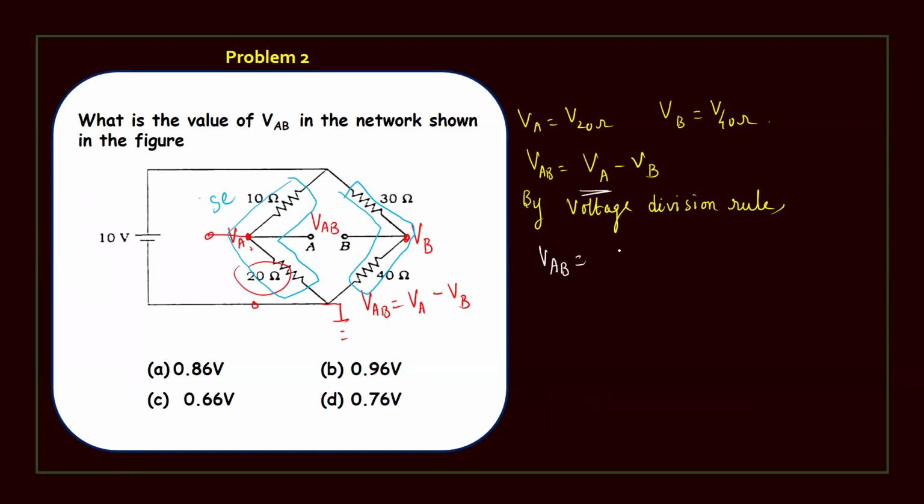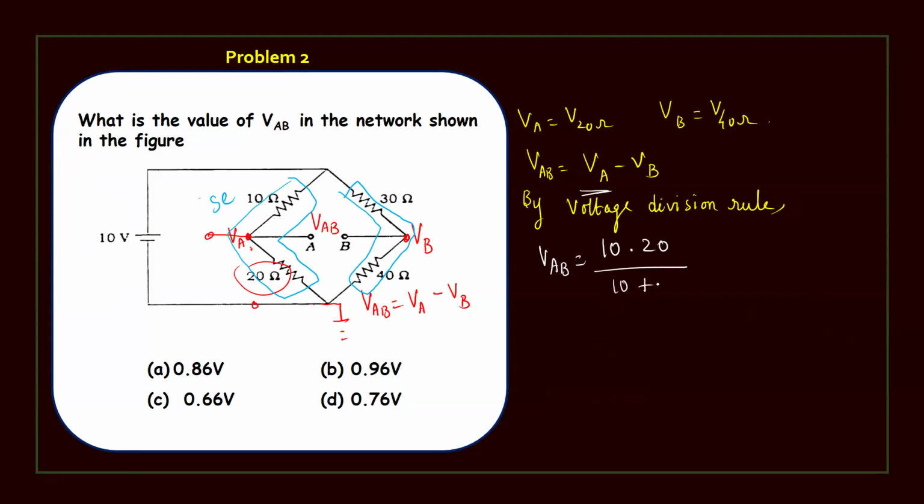For that, by the voltage division rule, total voltage, what is the total voltage given? 10. Total voltage into that branch resistance. What is the branch resistance? We need to find the voltage across 20 ohms, so that branch resistance is 20 ohms. And then the total resistance. Total resistance is, this 20 ohms is in series with 10 ohms.